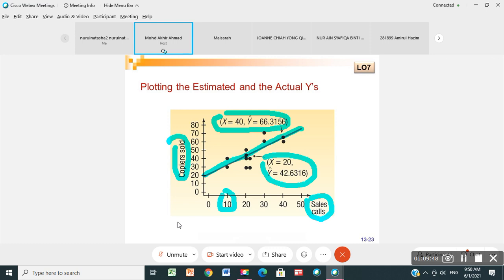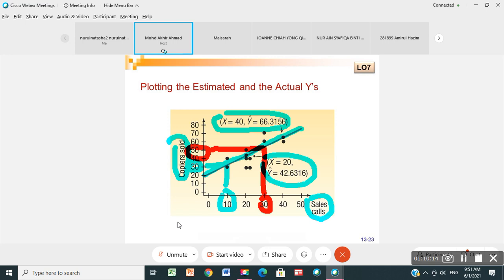So 10 is here, about probably 30 something copies sold. We estimate 30 here. 30 calls, then probably about 50 copies sold, and so on. So we can predict the copies sold.